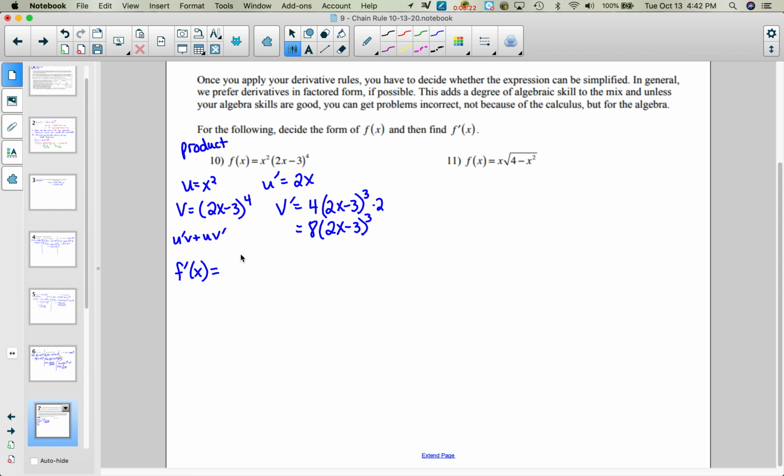So we're going to have u prime times v plus u v prime. Okay, and then I'm going to see how we can clean this up. So we have a 2x times 2x minus 3 to the 4th power plus 8x squared times 2x minus 3 cubed.